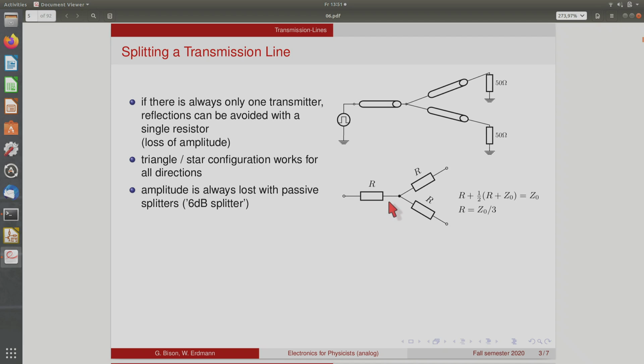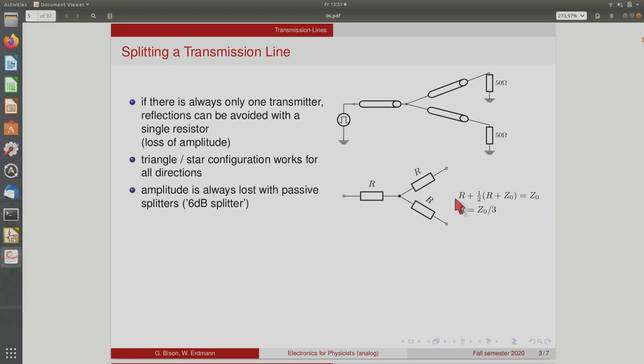So at this point you put 3 resistors, and you want to make sure that coming from each side, the other two look like 50 ohms. So you must make sure that if you come from here, for instance, you see this resistance, and then the parallel of these two plus the impedance.